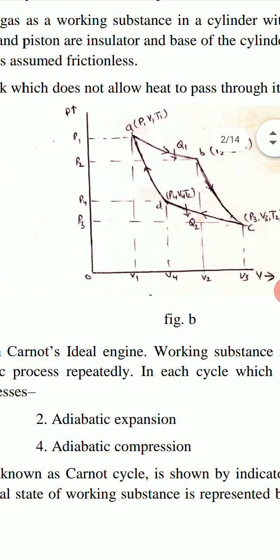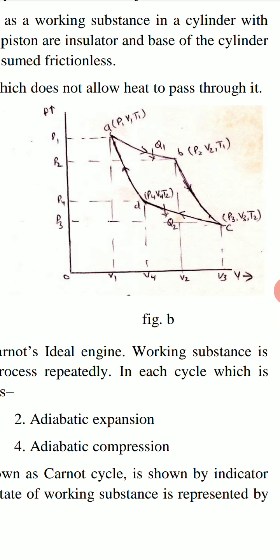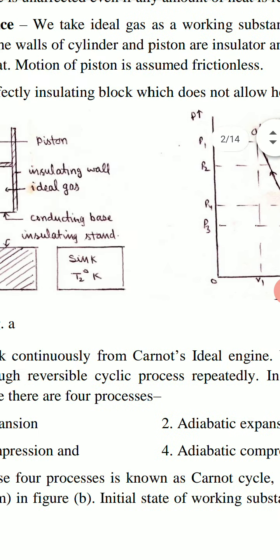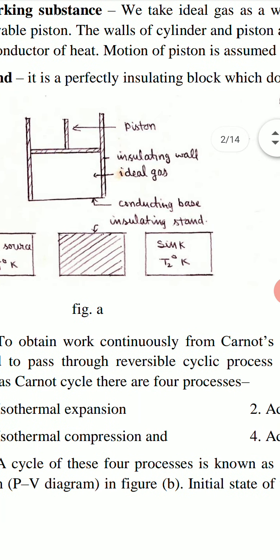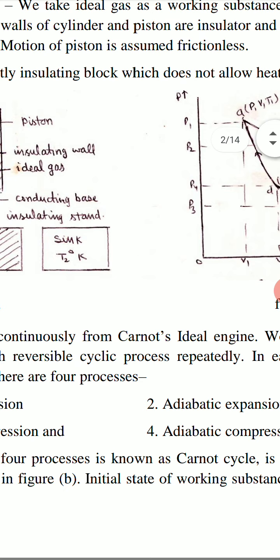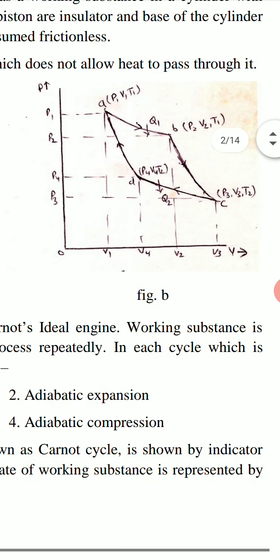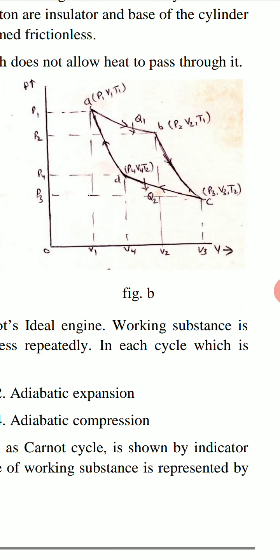It extracts Q1 heat from source, let us suppose. And in the third process CD, that is isothermal compression, it is at temperature T2. When the cylinder is put on sink of temperature T2 and it is compressed, in this case the gas gives heat Q2 to the sink.